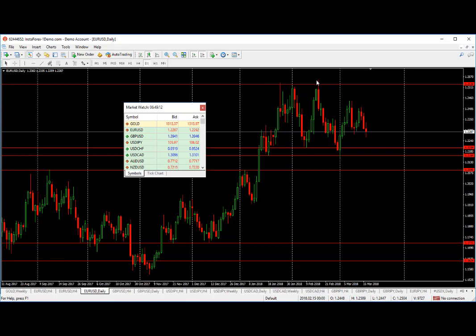Again, we also saw another sell from this resistance to retest the support zones of 1.2204 and 1.2164. Then we saw a bullish engulfing pattern on February 2018. That's the first trading day in the month of February 2018.